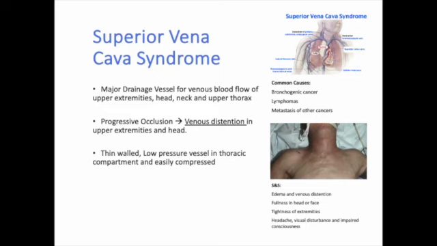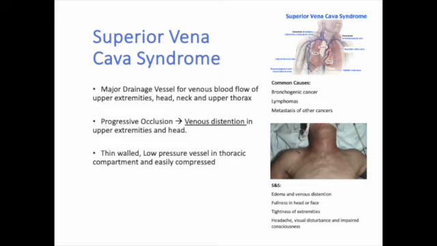This is a clinical manifestation of a progressive compression of the superior vena cava that leads to this type of distension and symptoms. The leading causes of superior vena cava syndrome are non-small cell lung cancer, small cell lung cancer, and lymphoma.